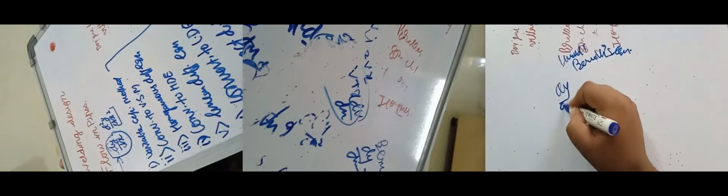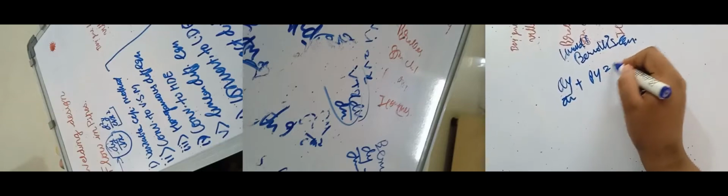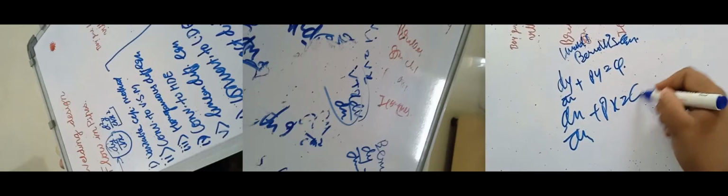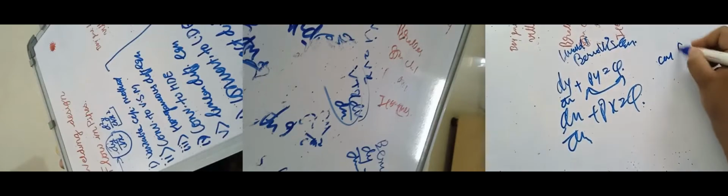It will appear like this, or maybe dx by dy plus px is equal to q, where p and q are functions of x, pure functions of x. There is going to be no term of y, pure function of x. And here in this there will be pure function of y.